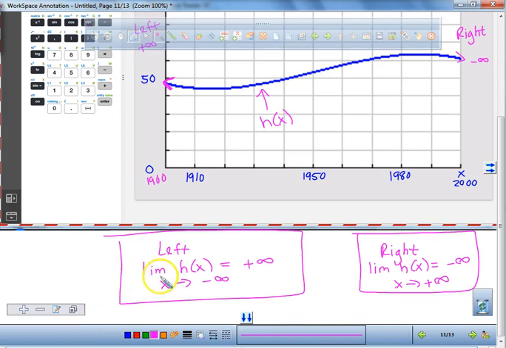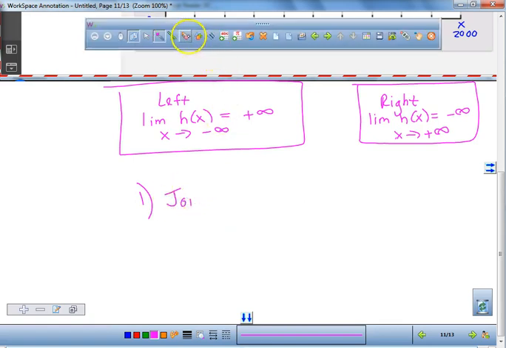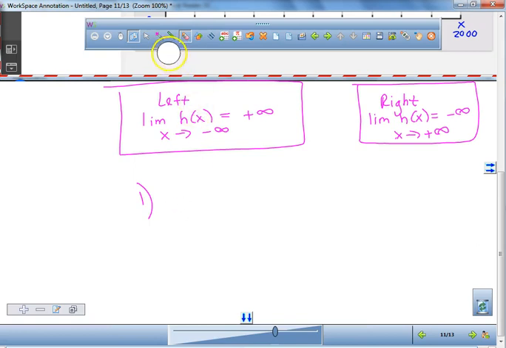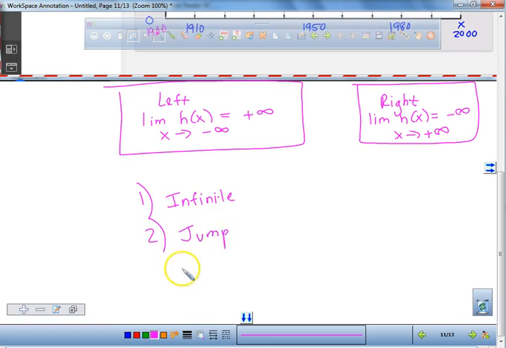At this point, what I want you guys to do is look at your assignment and read through the problems. Remember, what are the three different types of discontinuities? What's one of them? Not joint. Jump. So we have infinite, we have jump, and then we have removable.